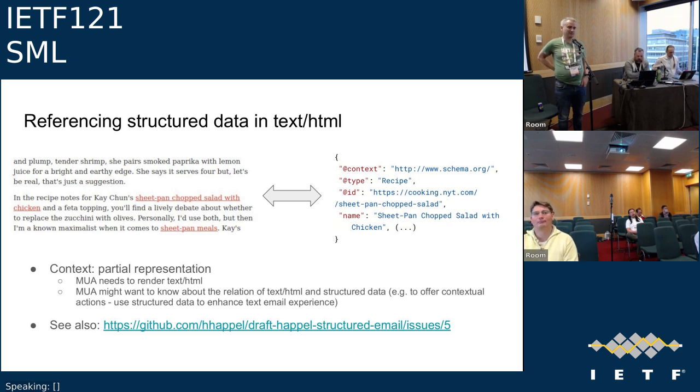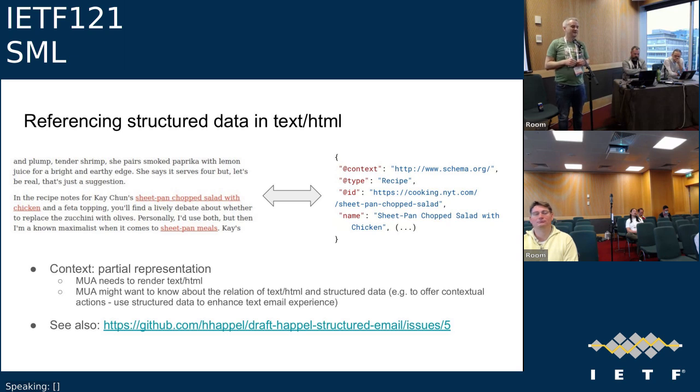So the idea is, as a motivating example, take a newsletter. You have a cooking newsletter, and there is a link in the newsletter going to a certain recipe. Let's assume the sender included the recipe structured data within the structured data of the email itself. Based on that, the client could already have a sidebar or do auto processing, like save in my recipe book.